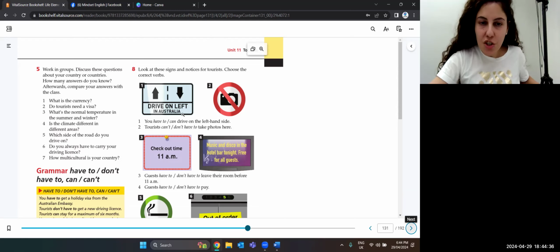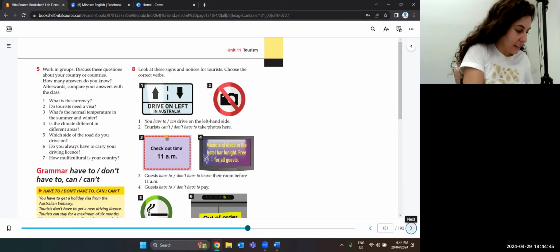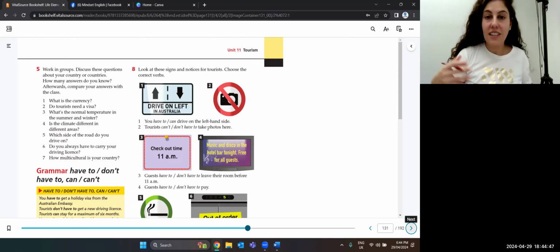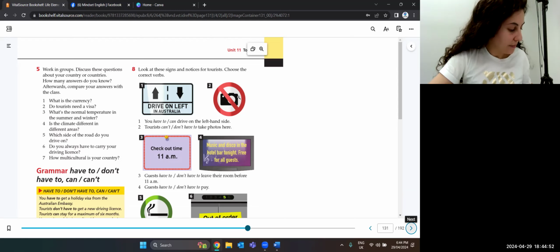The second image, tourist, it looks like it's red and there's a cross like this. So tourist can't take photos here. Okay, you're not allowed to. You cannot take photos. You're not allowed to.